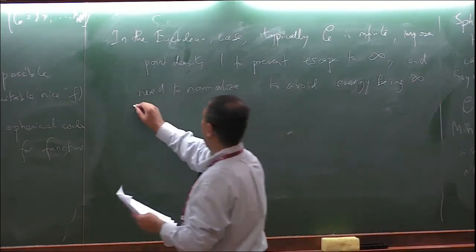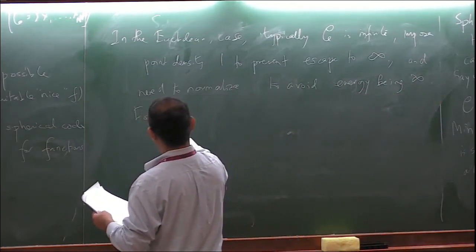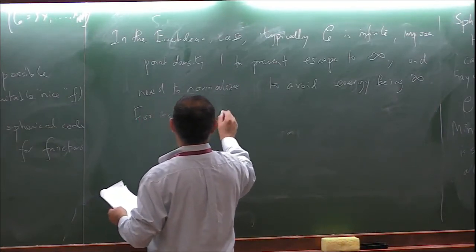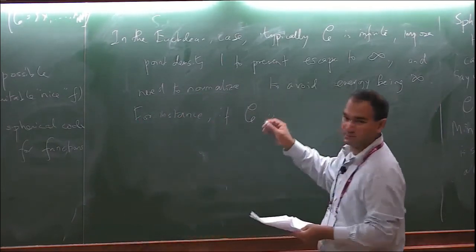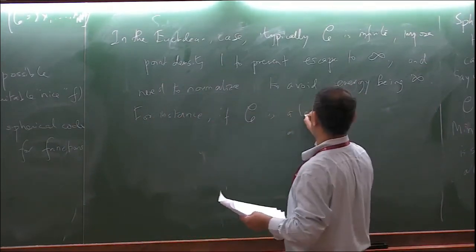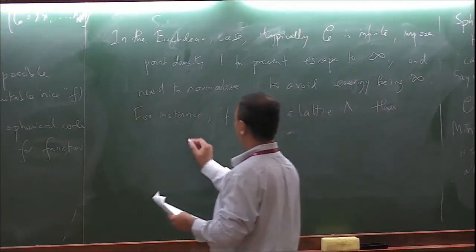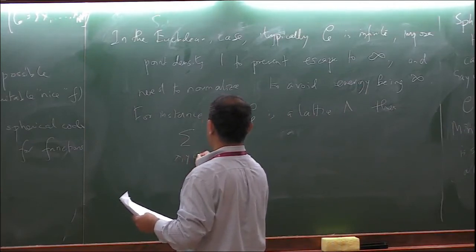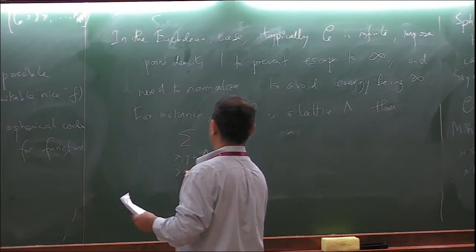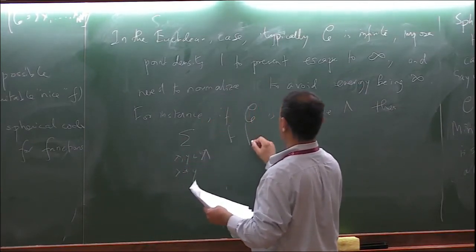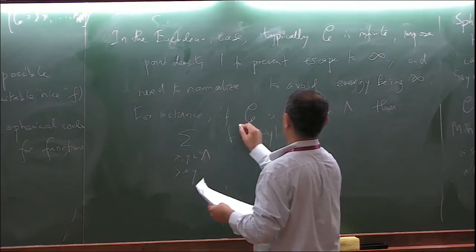For instance, let's just consider the case where C is all the points of a lattice Lambda. Then look at the sum over x, y in C in the lattice, x not equal to y, of f of the distance between x minus y.